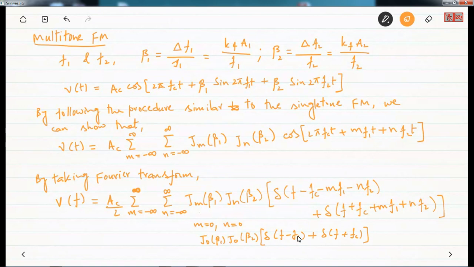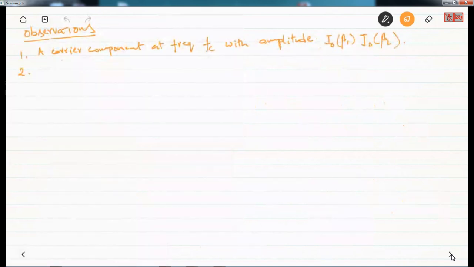So that means the component and its amplitude is given by J naught of beta 1 into J naught of beta 2, right? So that's what we have written. Understood? So next, go to the second observation.